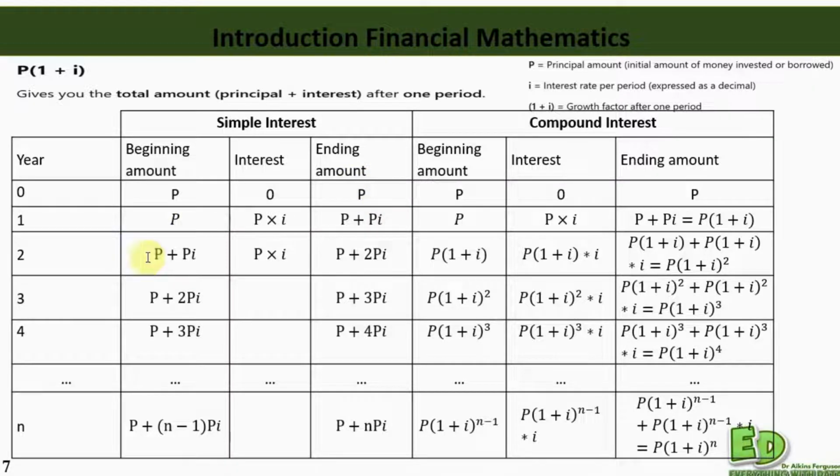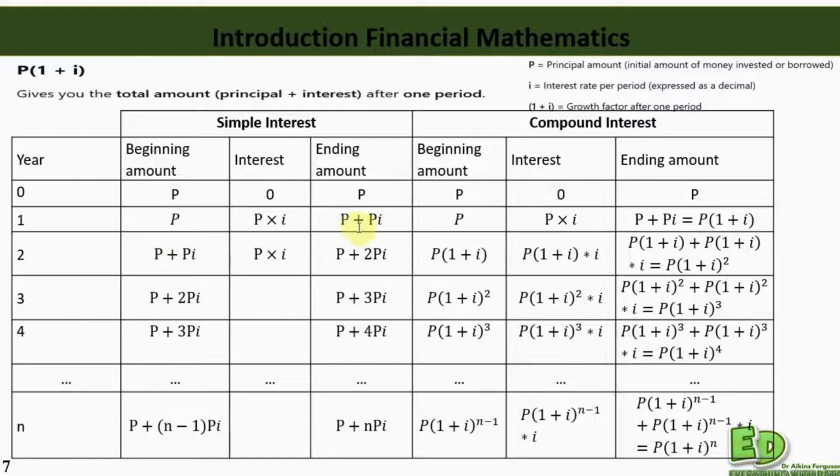Then in year 1 a year has elapsed, so you start paying interest. The interest is the principal amount times the interest rate, and that should give you the ending amount, which is the total amount: the principal amount you have plus the interest that you calculated. That is the P plus PI.